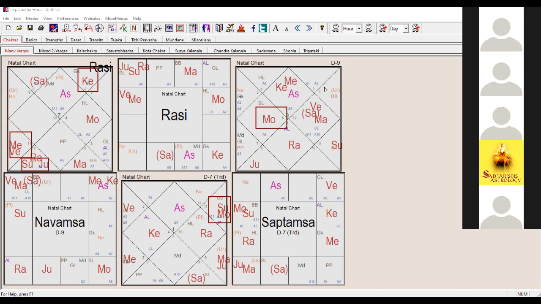Now the complete yoga is, you have to check whether the Karaka planet of childbirth is connected with the moon or not. Karaka for childbirth is Jupiter. Now see, Jupiter is aspecting moon. Moon is connected with the 5th house also.